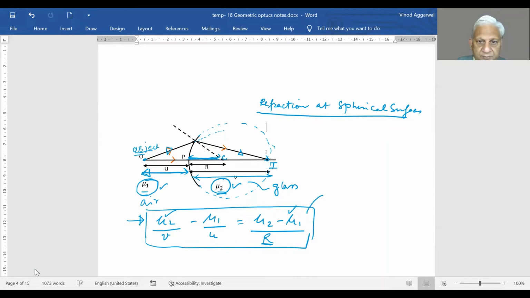And mind it, in all this formula, the sign convention is always applicable, is to be applied. I'll talk about sign conventions separately, but let's get over with the main topics.